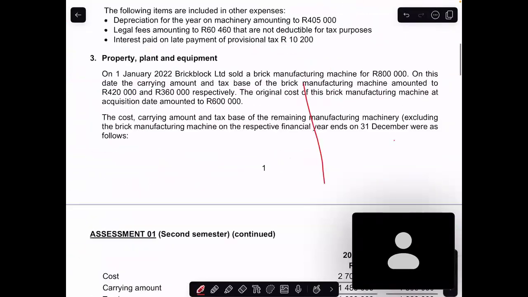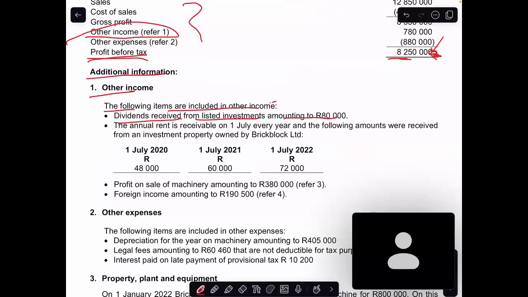We move on. The annual rent is receivable on 1 July every year, and the following amounts were received from investment property owned by Brick Block Ltd. We own investment property. Remember, our year end is 31 December.